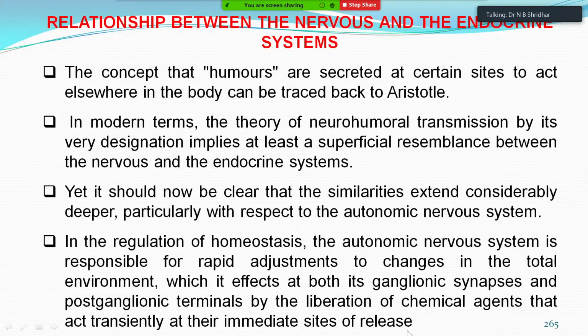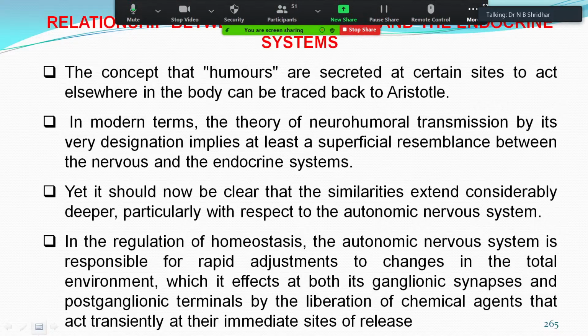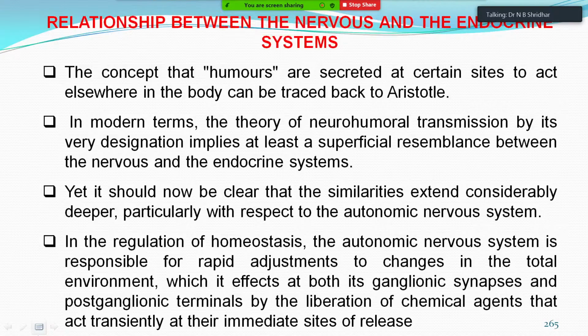Homeostasis is the resting state of any system, and autonomic nervous stimulation causes rapid adjustments to the situation. Suppose in a fight and flight reflex, the person has to adjust very fast. This is possible because both the ganglionic synapses and postganglionic terminals liberate the neurotransmitter, which is stored in storage vesicles.